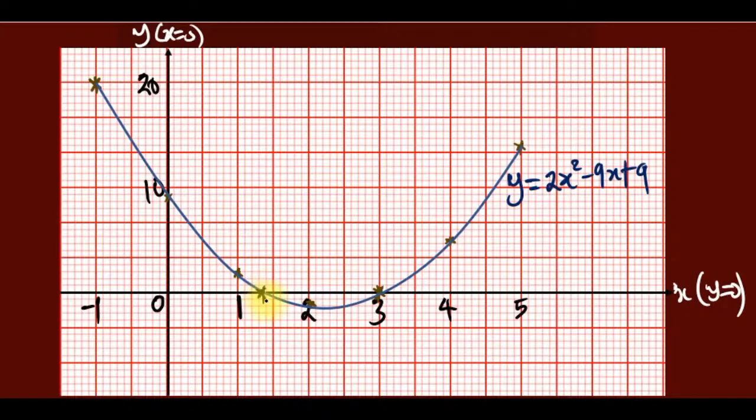We are looking for the value, the interval. So we need to count how many grid lines. So we have 5, 10, 11, 12, 13, 13.5. We have 13.5 grid lines. Let me count 1, 2, 3, 13.5.